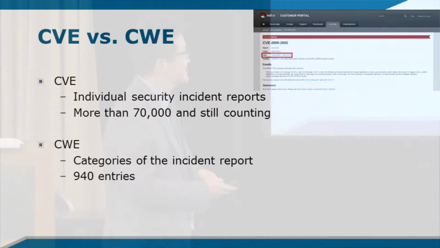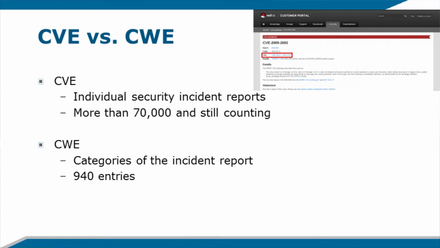So going a little deeper with CVE and CWE, for those of you who are not very familiar with this: CVE refers to individual security incidents reported to the database. So the number is pretty high. We have right now 70,000 and more CVE entries and counting.